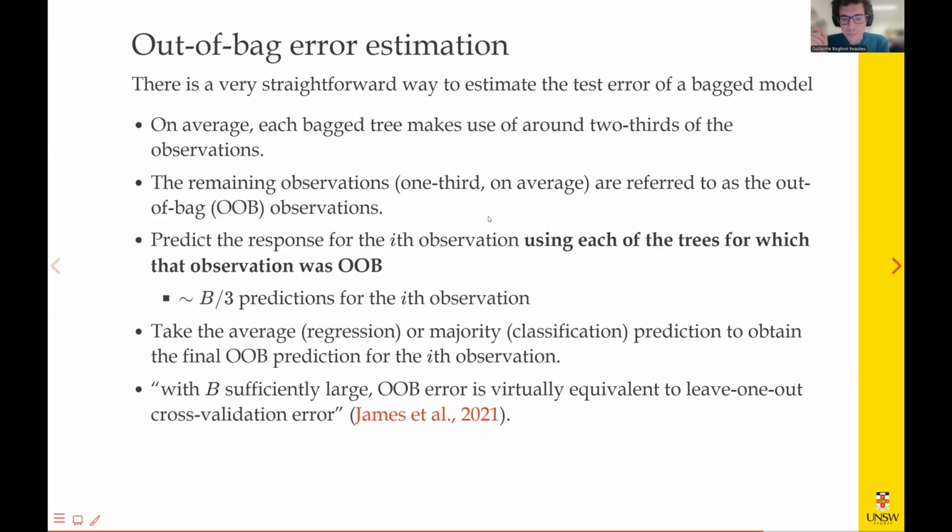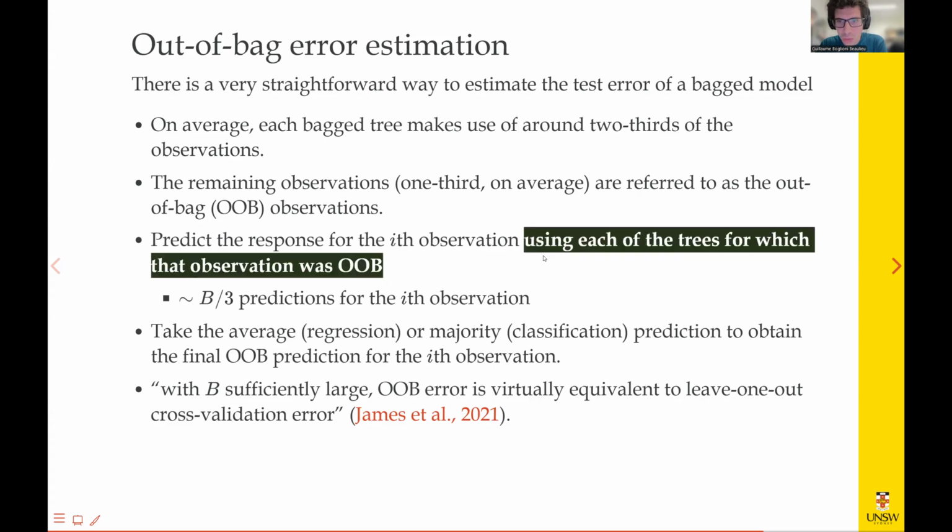So what we can do to compute the test error is that for any observation, we can predict the response using all of the trees for which that observation is out of the bag.